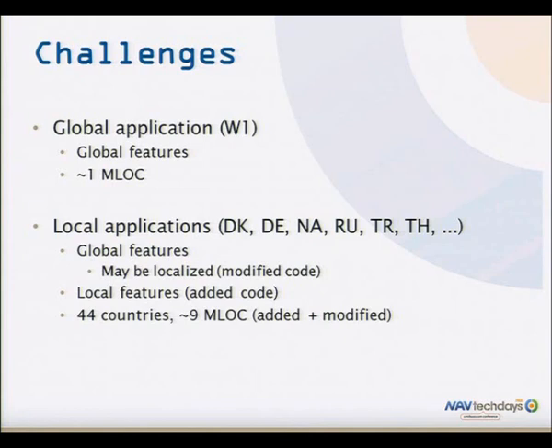And then what is mostly sold in the market is all the local applications. They contain the global features that may or may not be localized for a specific market, and they also contain additional local features specific for that particular market. We have something like 44, 45 countries, and they add another 9 million lines of code. So there's a lot of code.